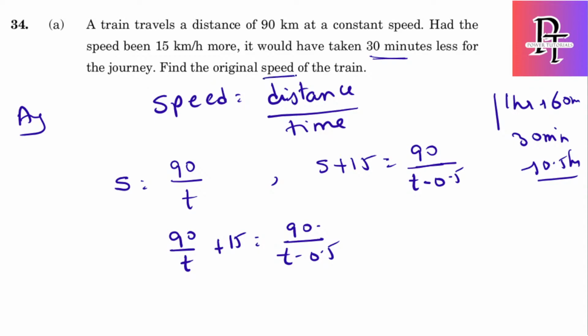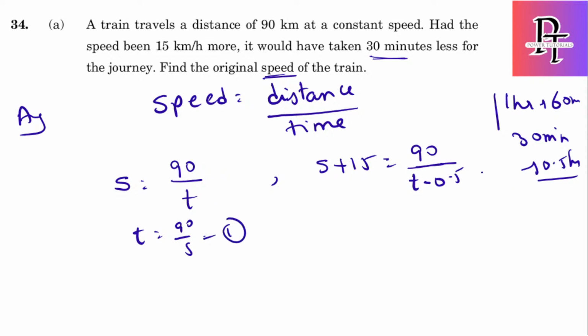But I want to find the original speed, I want to get the s value, and here you will get the t value. Okay, let's not take this one. Let's choose the opposite case where I will substitute the t value, t is equal to 90 by s. Substitute t value in the second equation. So this is 1. Let's mark this as 2.